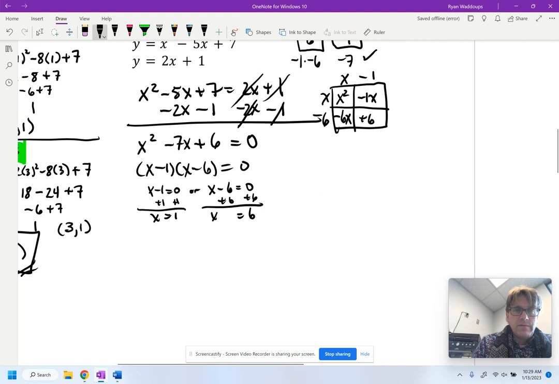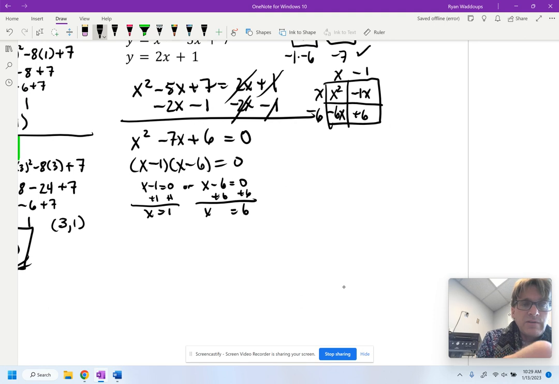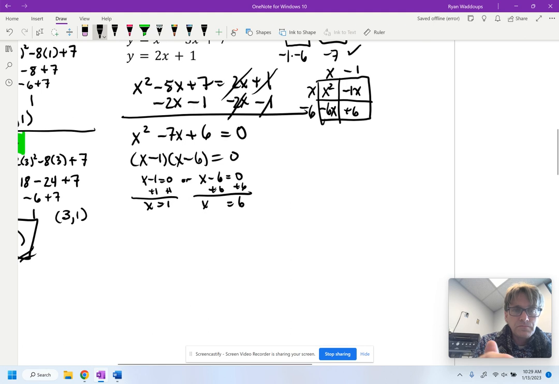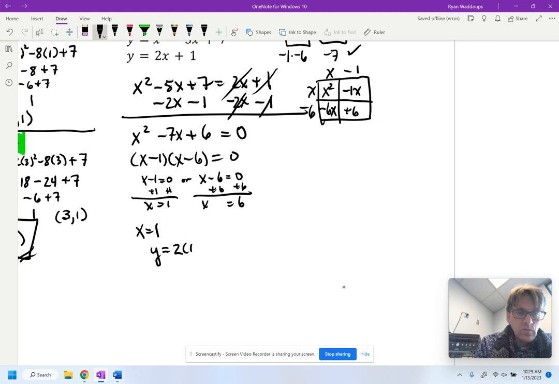Now we need to plug them into one or the other. This time I'm going to choose the bottom one just because I think it's easier to substitute into that linear equation. So when x equals 1, I've got y is equal to 2 times 1 plus 1. 2 times 1 is 2. 2 plus 1 is 3. And so one of the solutions is 1, 3.